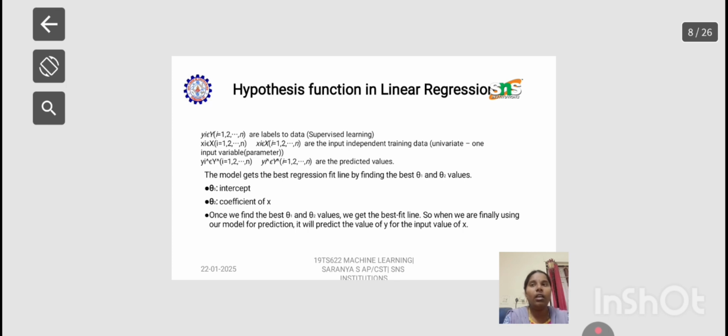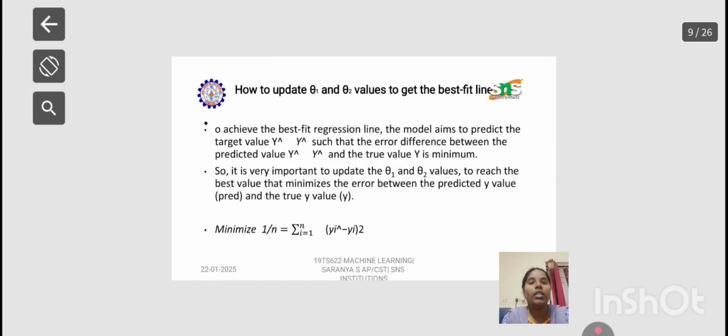So when finally using the model for predictions, it will predict the values of y for the input values of x. Then how do we update the theta 1 and theta 2 values to get the best fit line?